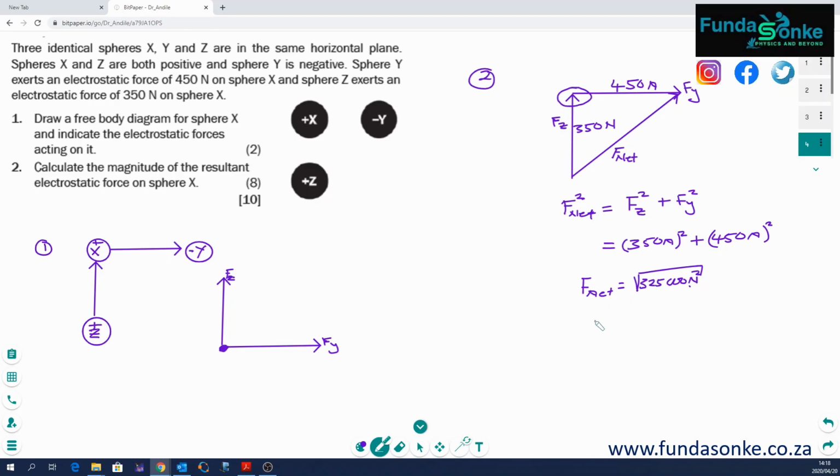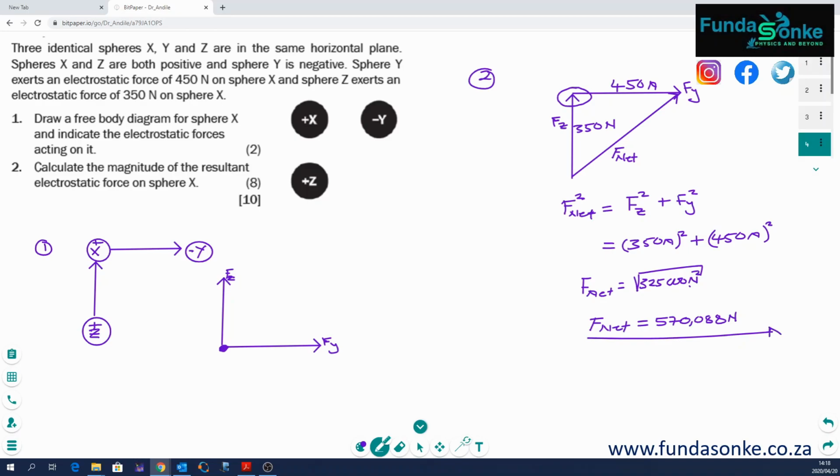Okay, therefore force net will be equal to the square root of 325,000. Okay, that will be 570.088 newtons.